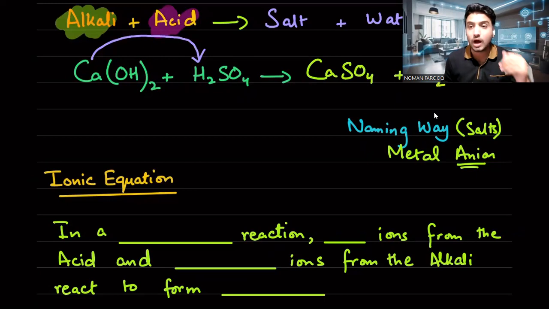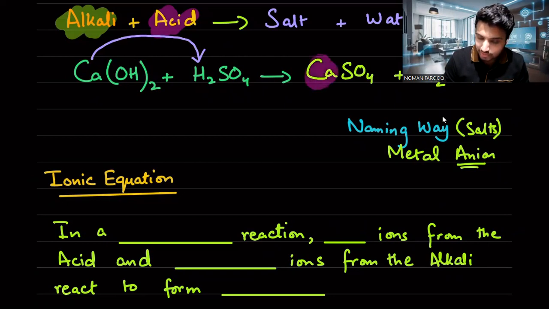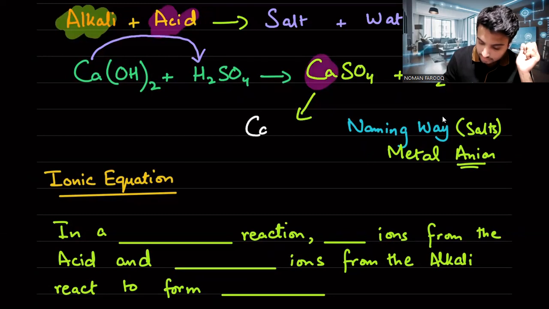All right. So how do we know that this is read as calcium sulfate? So the naming way of salts is very simple. Whenever we need to name any salt, the first portion represents the metal. So we read it as calcium, the name of the metal.